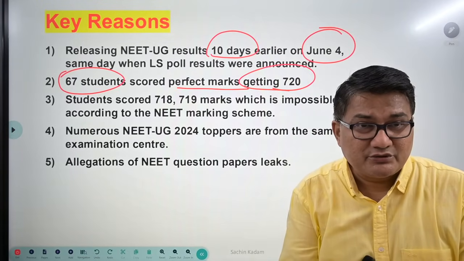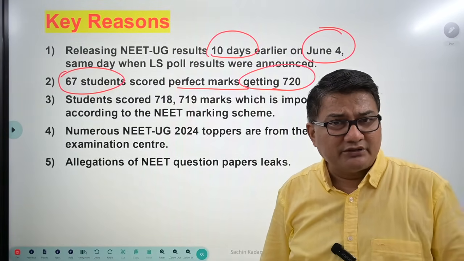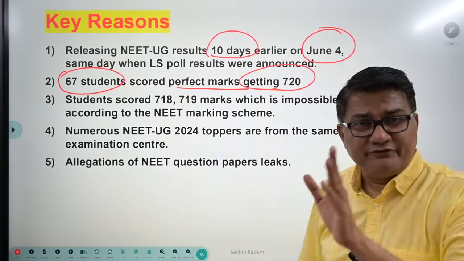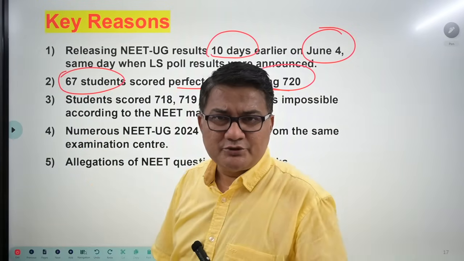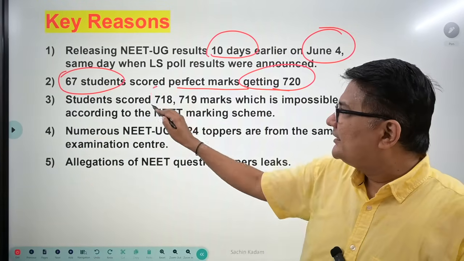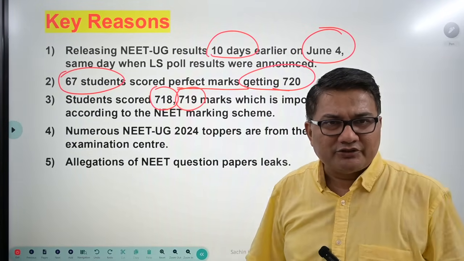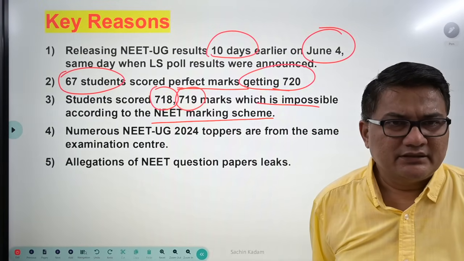Means 67 students got number 1 rank. And now few are saying that there is a possibility few students may not get admission in the best college also after getting first rank. Not only that, they say that some students scored 718 and 719 marks, which is not possible as per the NEET marking scheme.